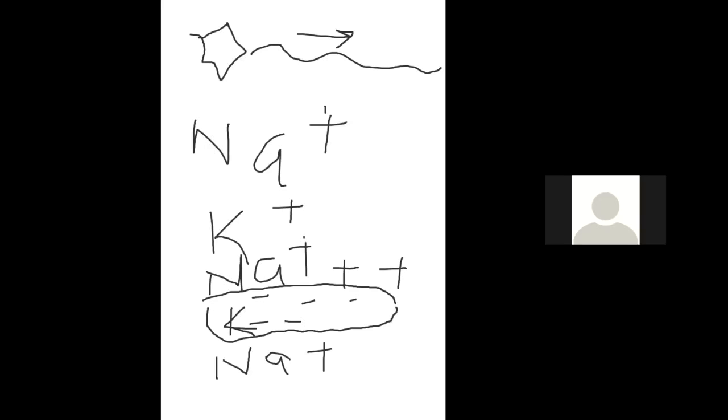Now the other one, which I also want to mention, is called an action potential. An action potential means when a nerve fiber is transmitting or is stimulated, that means there is an impulse which is being transmitted in the nerve fiber. During this, we say that the nerve fiber is depolarized.